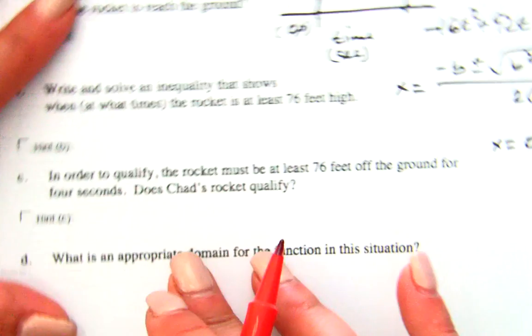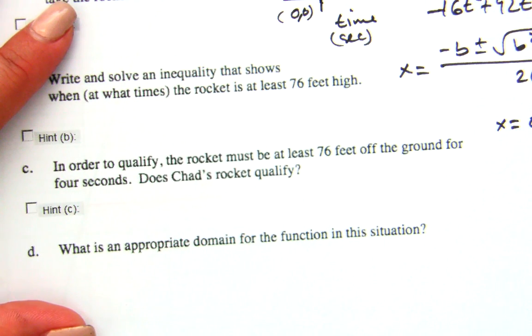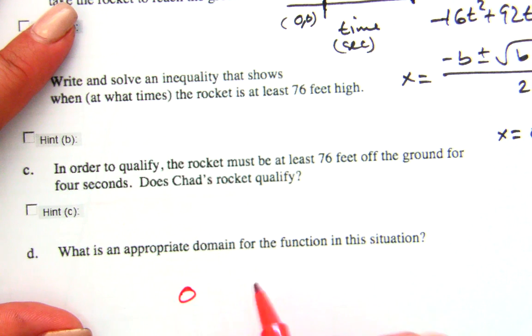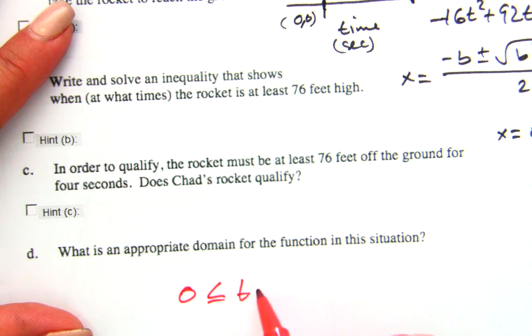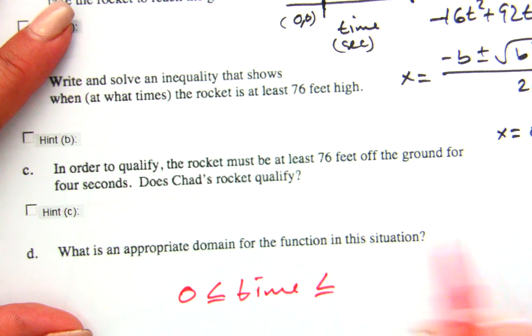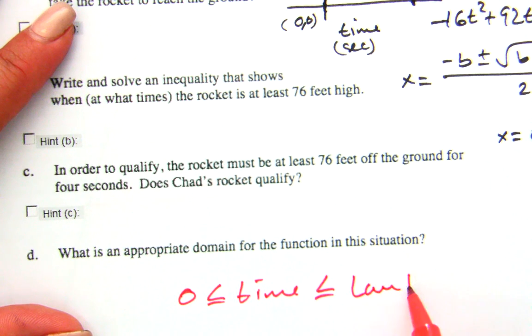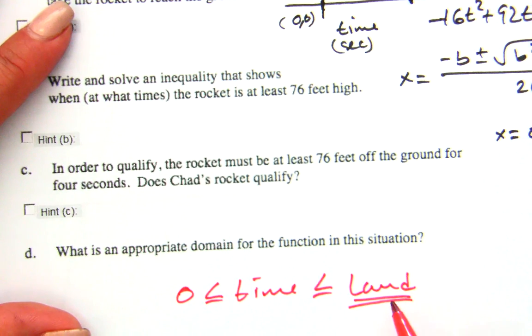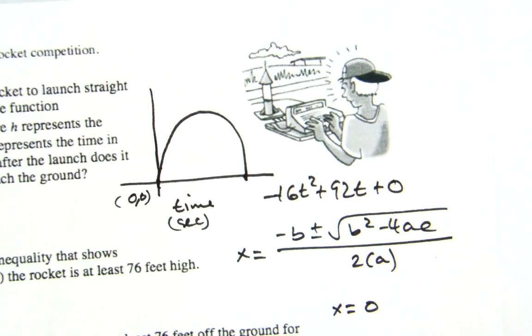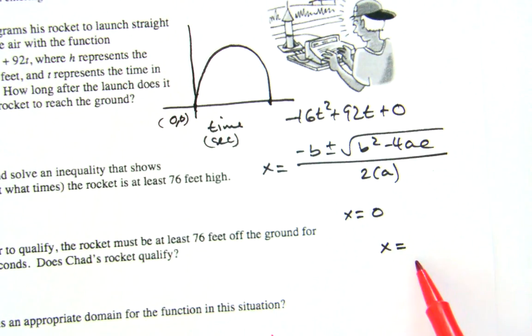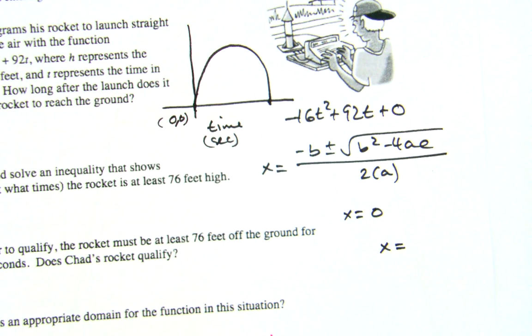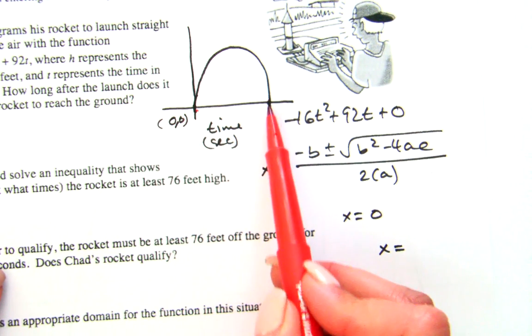You definitely have to start at 0, because being in the ground or past 0 doesn't make any sense. So your domain, the time, should probably be somewhere between 0 and whenever you land. Whatever value you found for the landing point, that's going to be your domain. It's going to go from 0 to the time that you land.